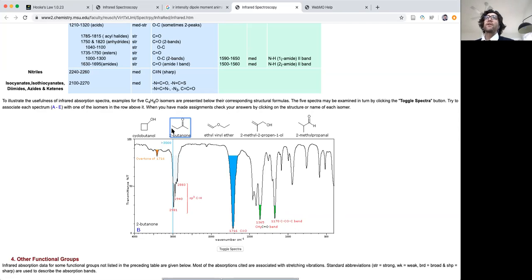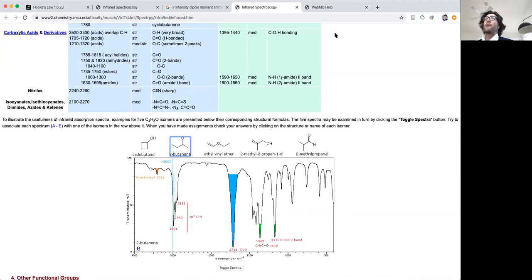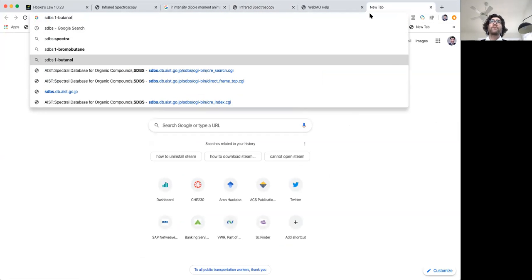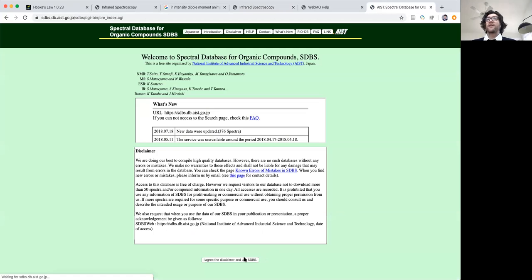So again, have a look at the table in your book, which is table 14.2, as well as you could use this website too. It's very handy. Another website, which is very handy, is called the SDBS for spectra. It's a Japanese database that I learned about when I was an undergraduate studying IR.